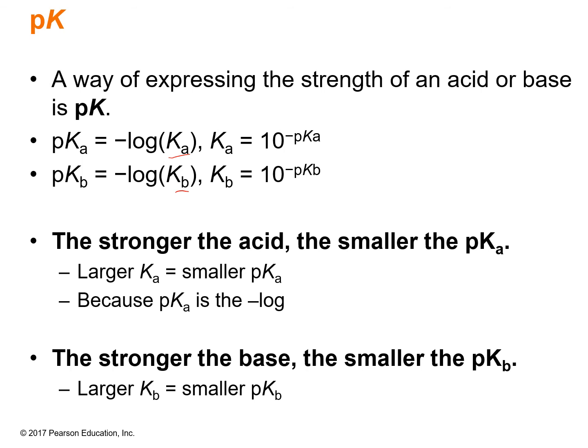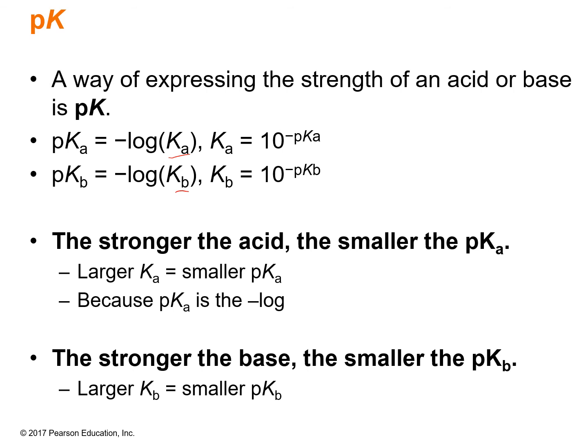Remember, these are the acid or base dissociation constants or ionization constants. pK is going to be the way we will express the strength of an acid or a base on the log scale, because remember, the acid and base dissociation constants are how we are going to measure acidity and basicity. To measure them using a log scale, we take their negative logs. Those would give us these values that we can use to compare the two.